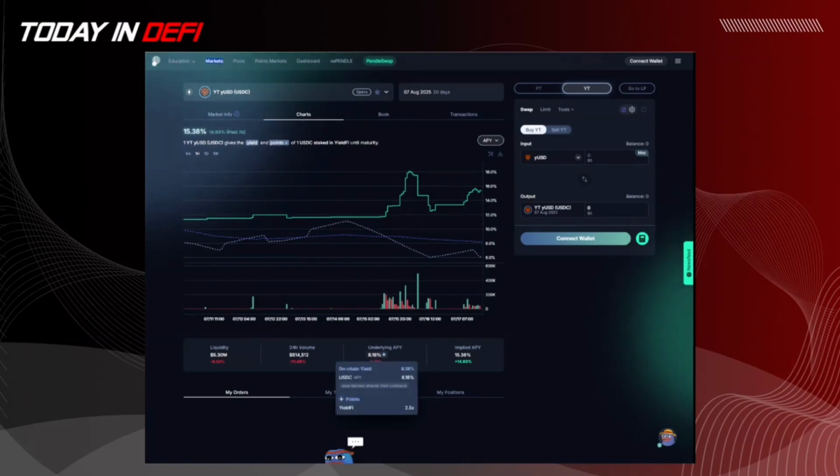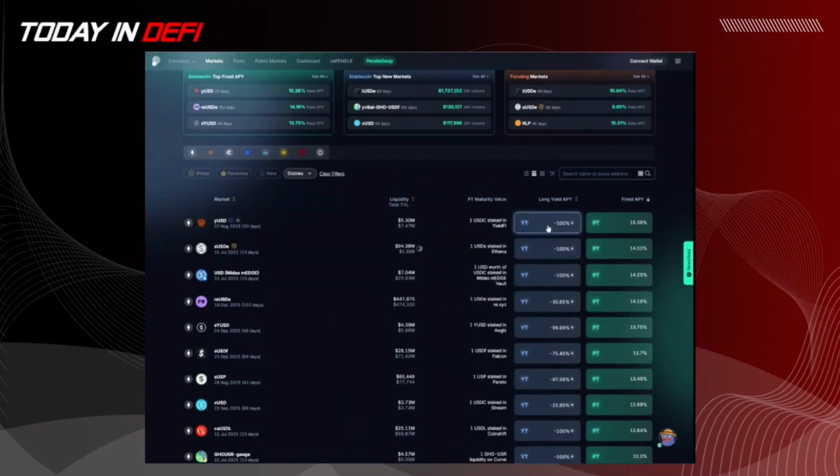That's because when you're holding the YT, you are also getting the airdrop points from the underlying yield bearing token. That's the reason why a lot of people, even though they know in the market right now that if they hold a YT to maturity they'll lose 100% of their principal, are betting that the airdrop will help them make more than their initial investment. So that's the reason why people love to trade YT.